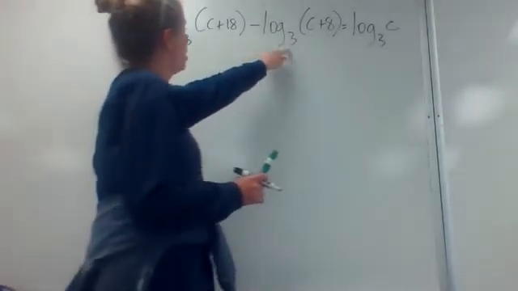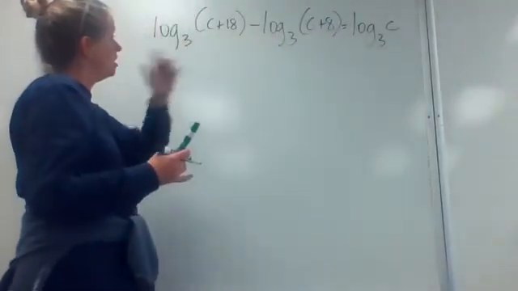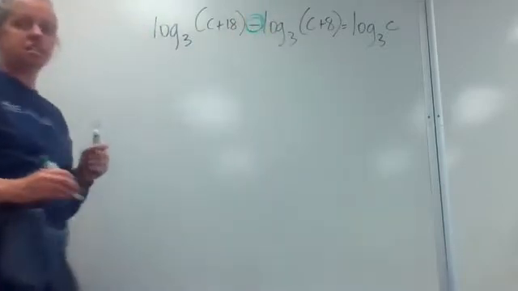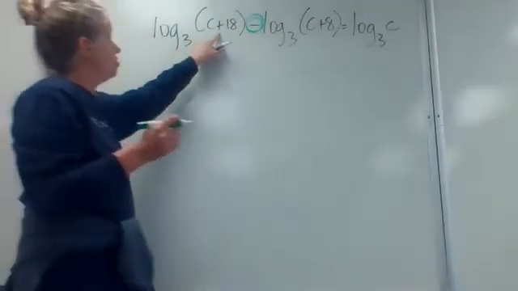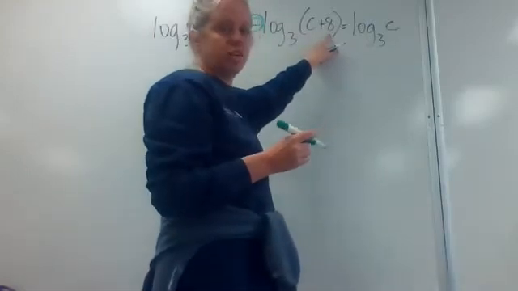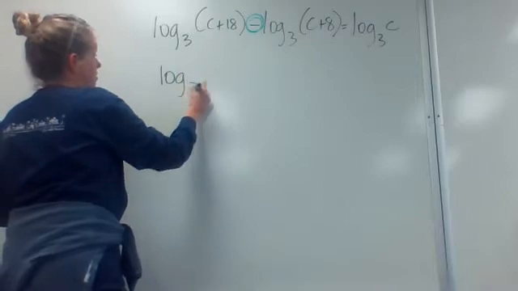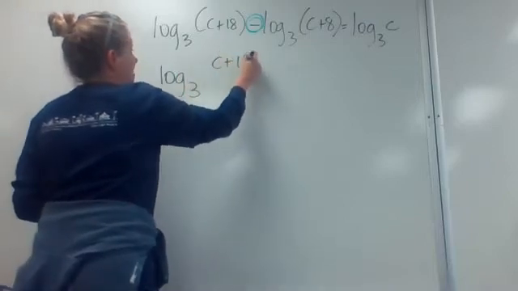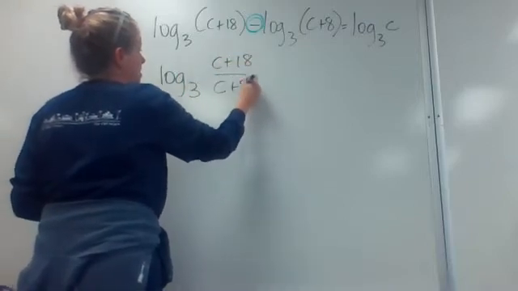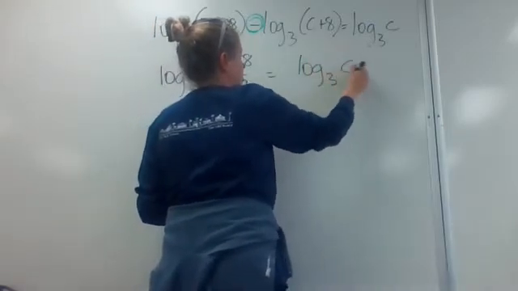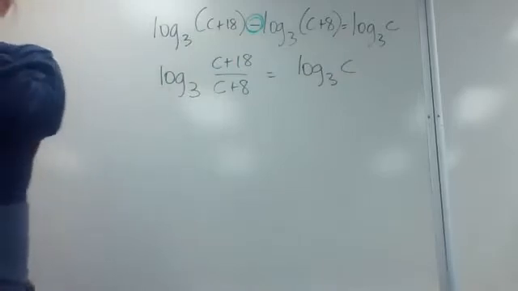If I have 2 logs, I can simplify that into one logarithm using this sign to tell me what to do. Since it's minus, I'm going to turn it into this one over this one. So I've got log base 3 of c plus 18 over c plus 8 equals log base 3 of c.